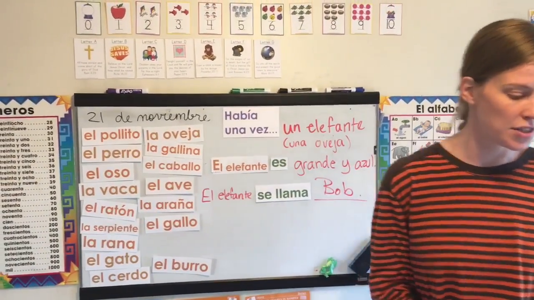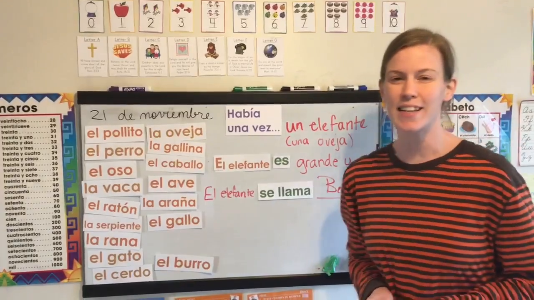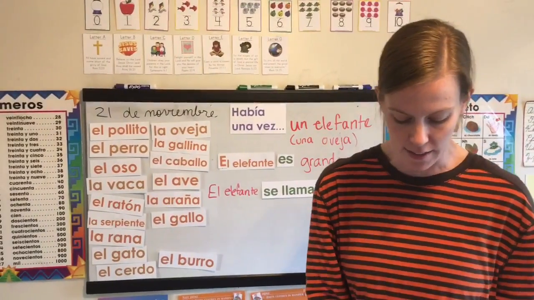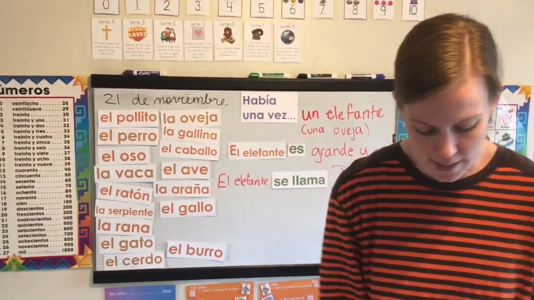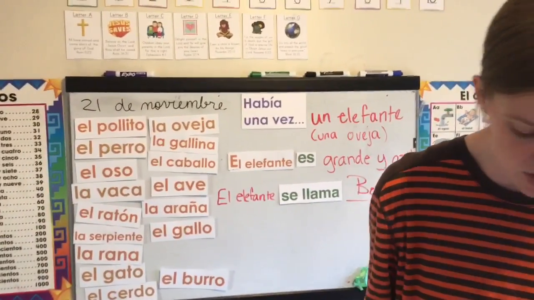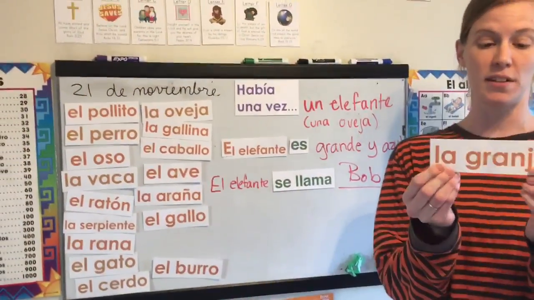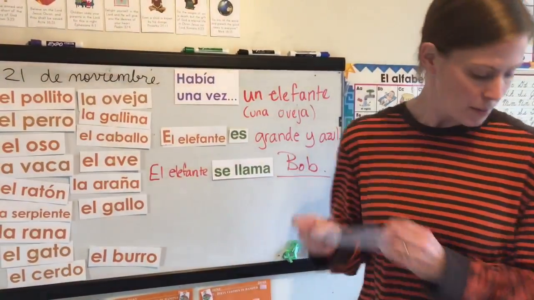The second thing we're going to do is choose a place, a setting for our story. The place where the story takes place is called the setting. So we have la casa, el prado, el árbol, el bosque. I'm going to choose a granja because you don't actually usually find elefantes in la granja, so it'll be funny.